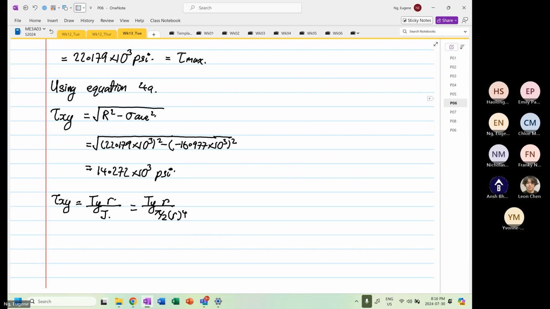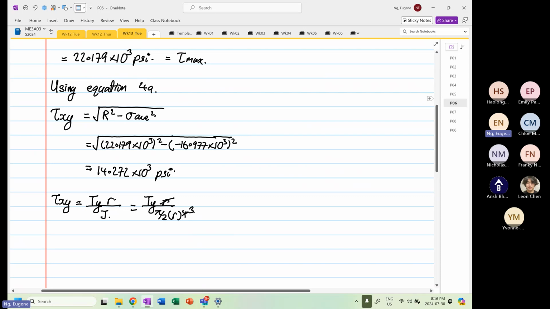So you can cancel, this is cubed. At the end of the day, we just need to do 14.272 times 10 to the power 3, torque about y is what we're going to find out. Then we divide by pi over 2. Radius is 0.75, and this is cubed.